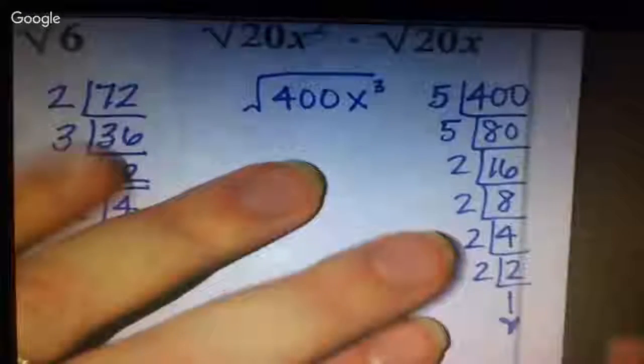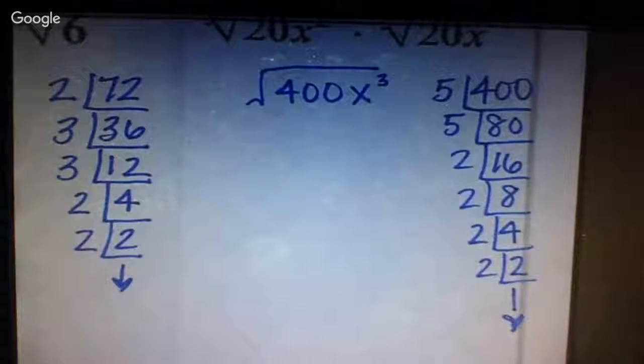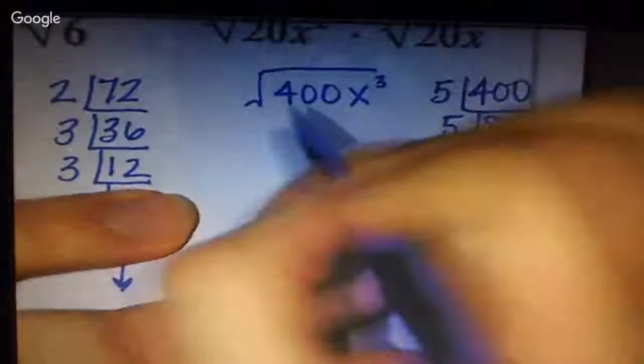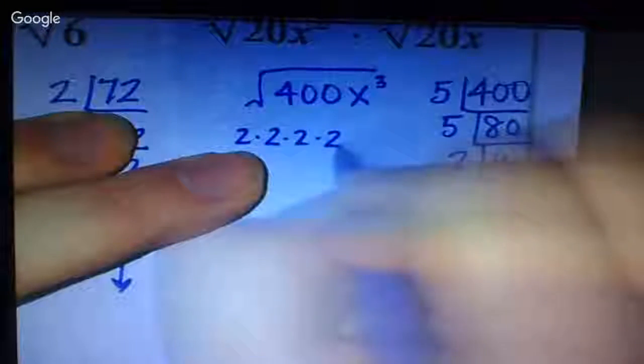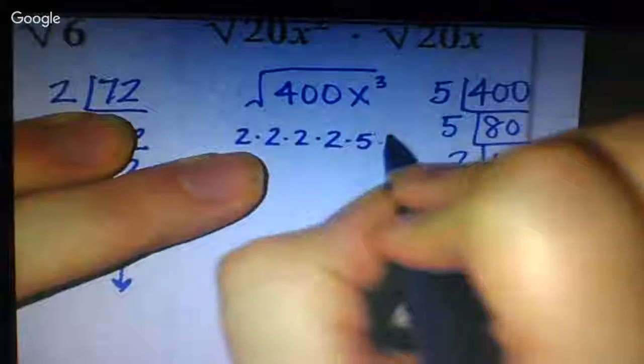Holy cow. That one took us a little while. So that right there is 2 times 2 times 2 times 2 times 5 times 5.